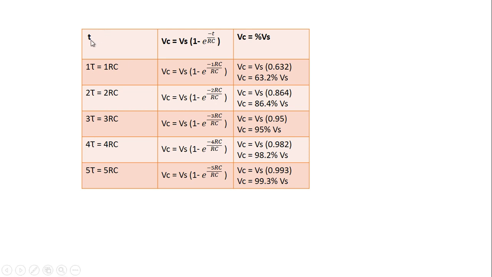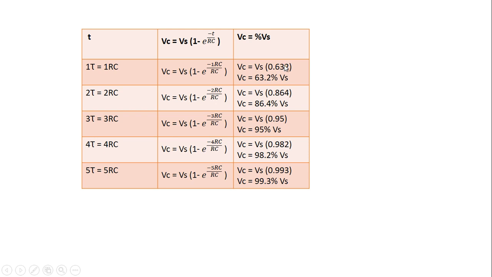At first we have taken the value of t equal to 1 tau, that is 1 RC, and we have inserted this value in this equation. RC cancels out, and we get 1 minus e power minus 1.